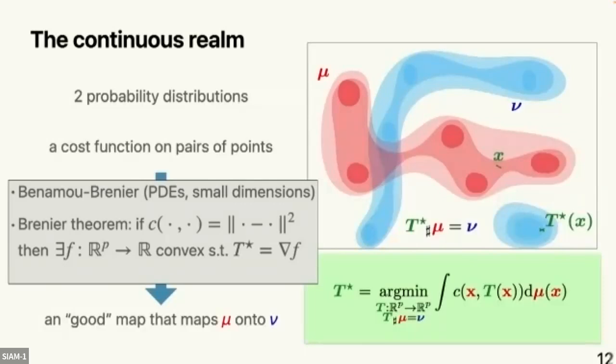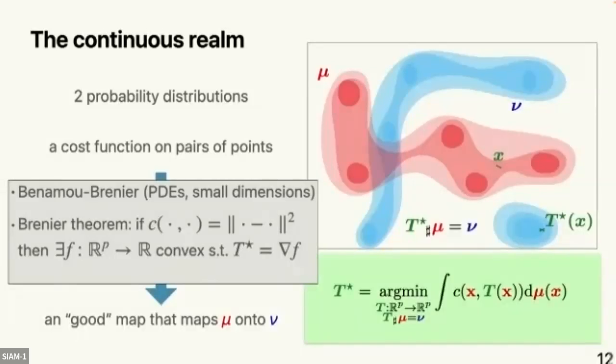And so one of the biggest findings in mathematics around that topic is that this type of problem, where we try to find a mapping that goes from the red measure onto the blue measure, and that we will call T here, is a transport map. We might look for mappings that fulfill two desirable properties.